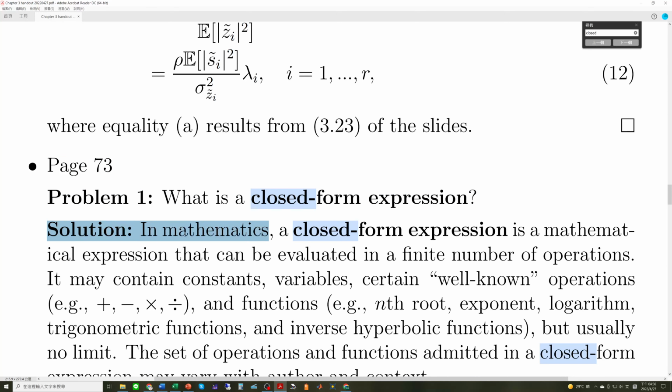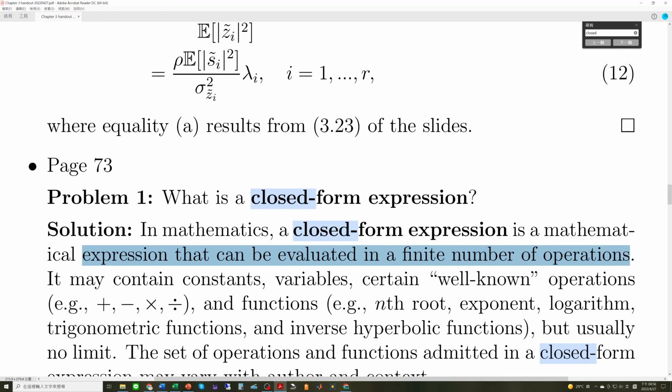Solution. In mathematics, a closed form expression is a mathematical expression that can be evaluated in a finite number of operations.